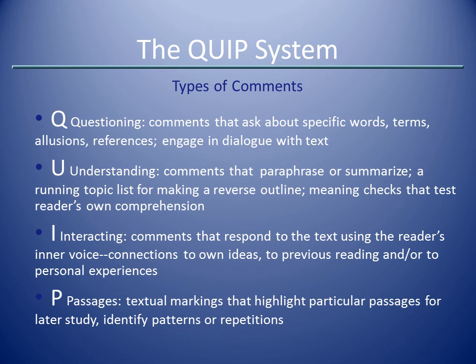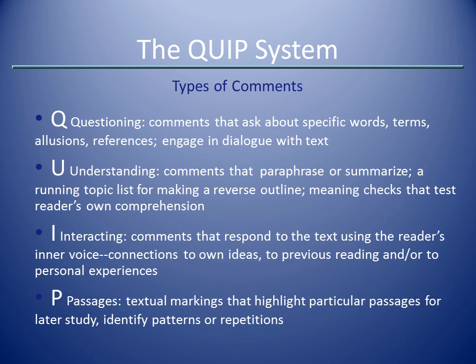And finally, passages. This is probably the most frequent thing you're going to be doing. You're going to be marking textual passages that are useful for later study. I talked about this already a little bit. You're going to highlight them, and ideally you're also going to say something about them, although not always. Sometimes you just want to keep moving along, you just want to mark it and say, I'll come back to that later.